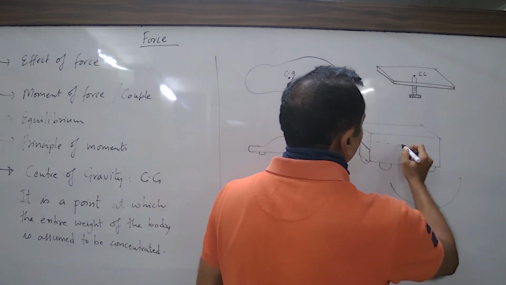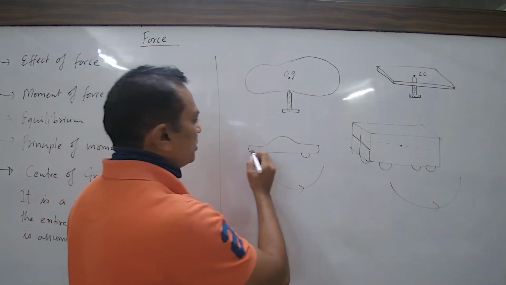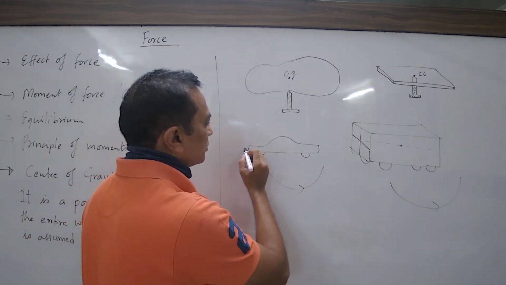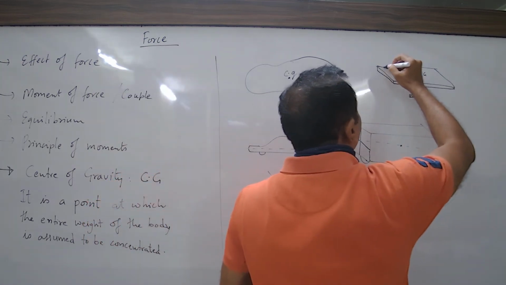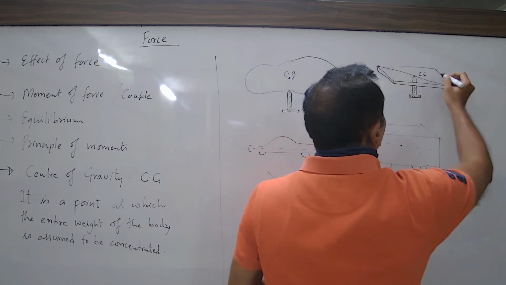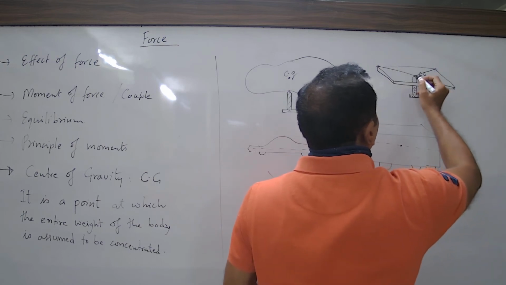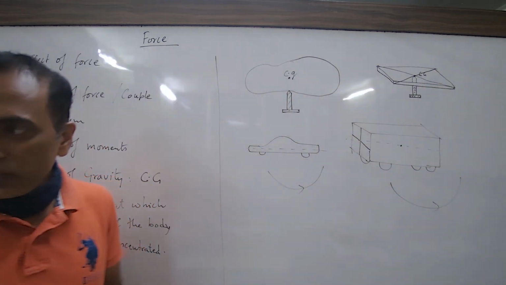It will be somewhere here at the midpoint. And where would be the CG of the car? It is generally at the diagonal. Top point and bottom point diagonal, then from here top point and bottom point. Wherever it intersects, that's where the CG is.